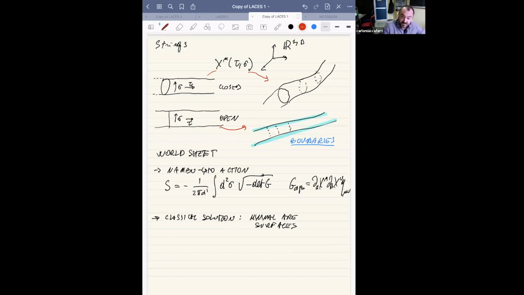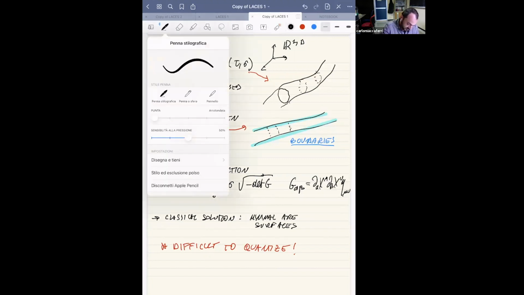Now, as many of you probably already know, this action is difficult to quantize. Why is it difficult to quantize? Well, because it's not in the standard form for an action that we know how to quantize. Especially here, it's not clear how we extract a free part, a quadratic part, and then interactions.